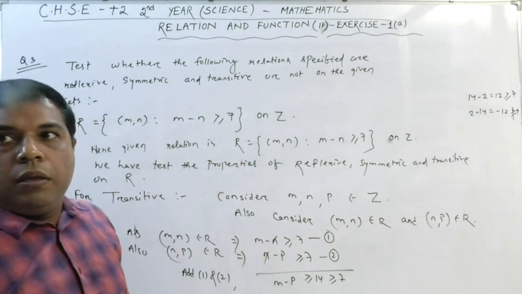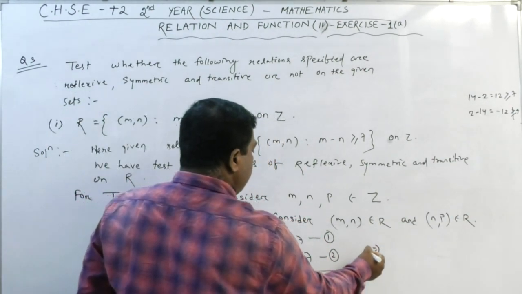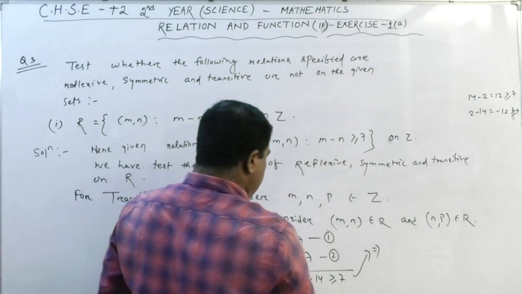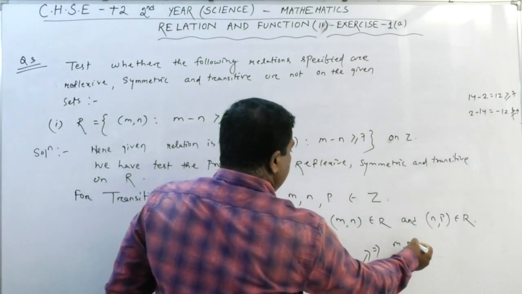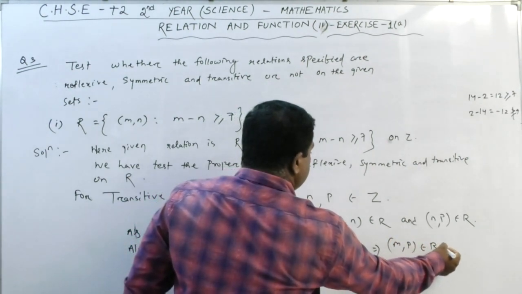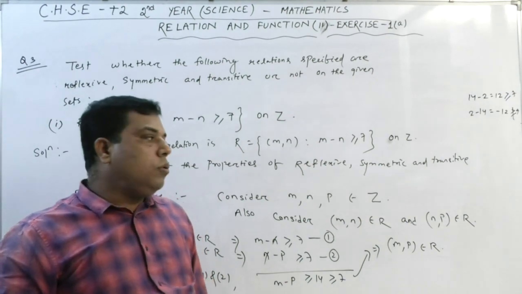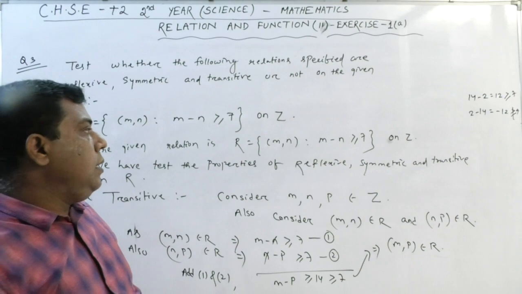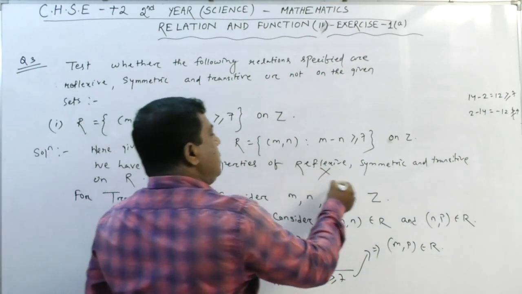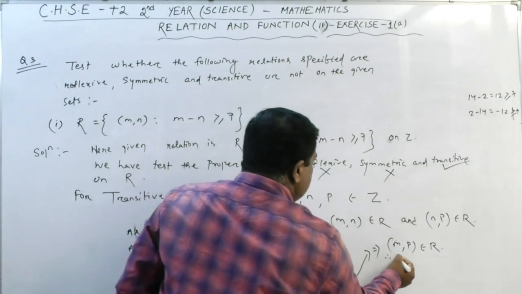So m minus p is greater than or equal to 7, so (m, p) is belonging to R. Clear? So you can see this relation R is not reflexive, it is not symmetric, but it is transitive. Therefore R is transitive.